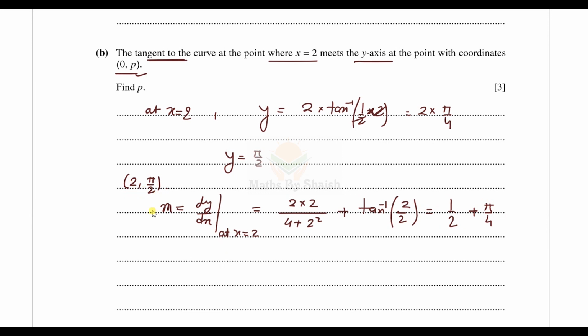So the equation of the tangent we can write from here. The equation of the tangent at x is equal to 2 will be y minus y1, that is pi by 2, is equal to m times x minus x1, that is 1 by 2 plus pi by 4 times x minus 2. So we'll simplify it.